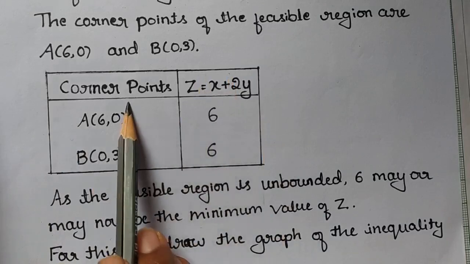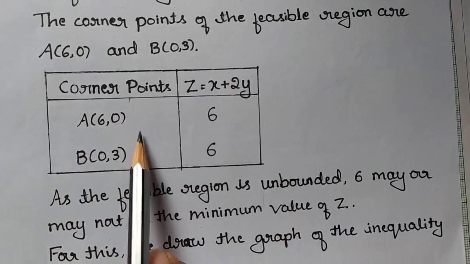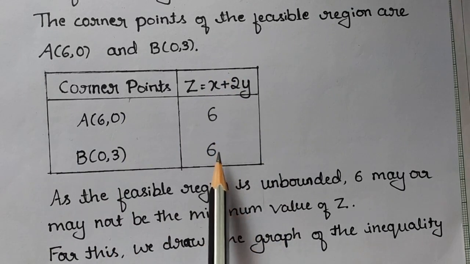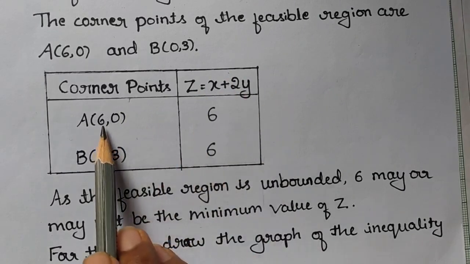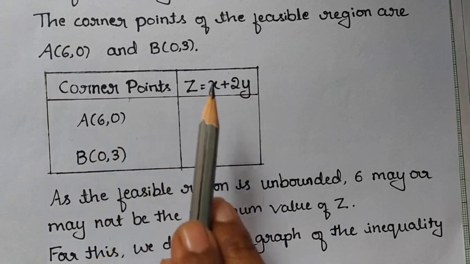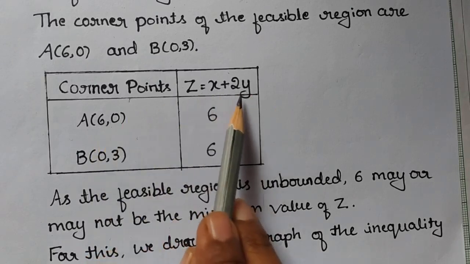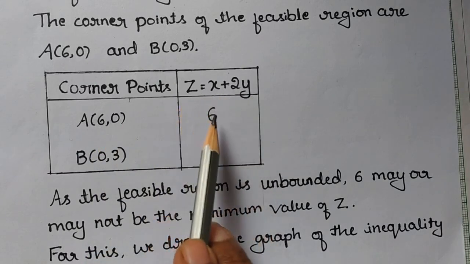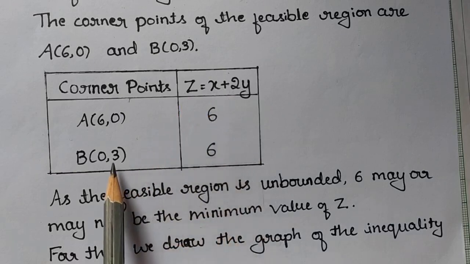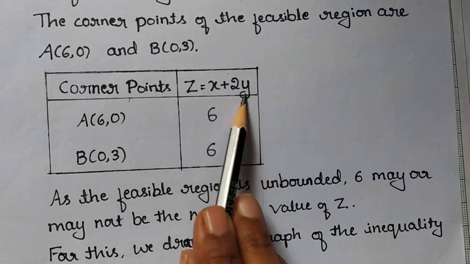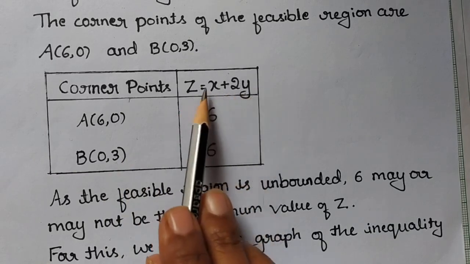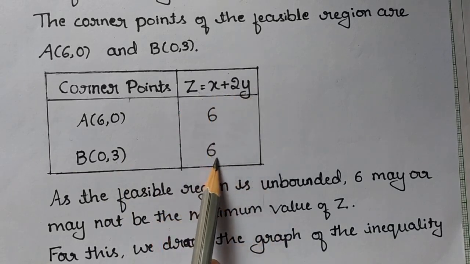The first column contains corner points and the second column the value of z at these corner points. For the first point, put x as 6 and y as 0 in this equation, we get z equal to 6. For the next point, put x as 0 and y as 3 in this equation. Again, on simplifying, we get z equal to 6.